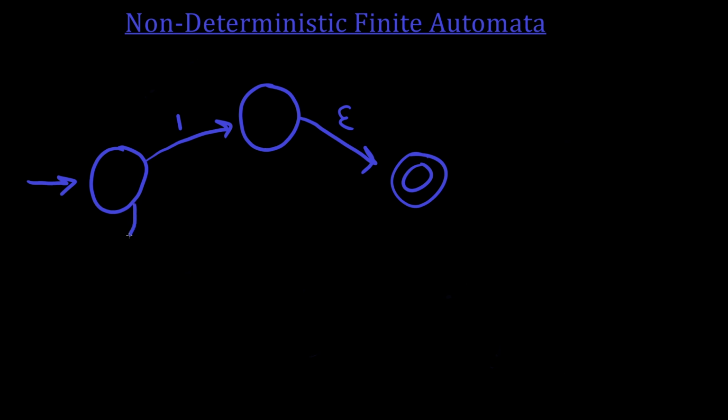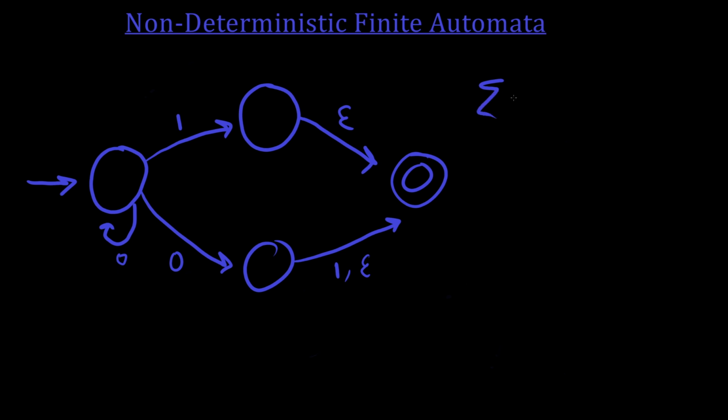Let's say we loop on 0 here, and we can go to this state on 0 as well, and we transition to the accept state on 1 and epsilon. Like the last example, our alphabet is the character 0, the character 1, and epsilon.